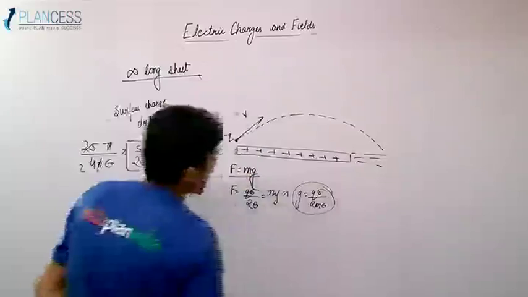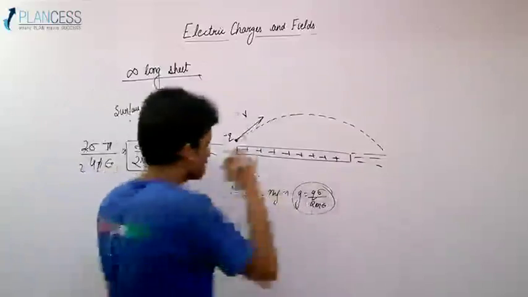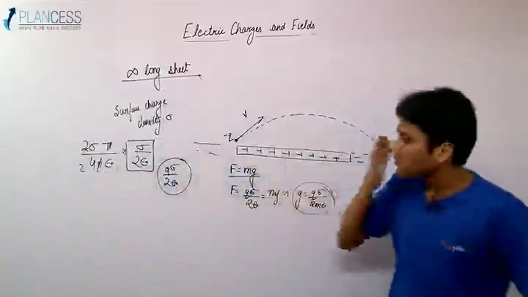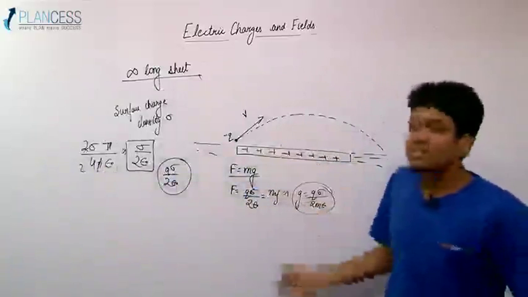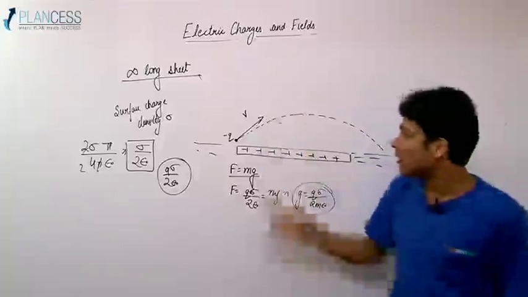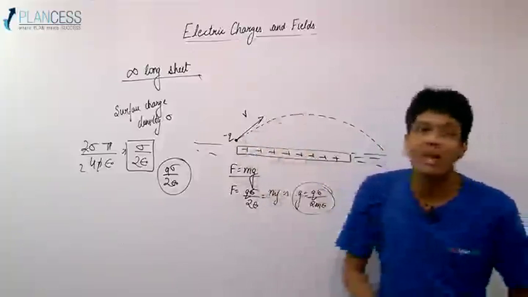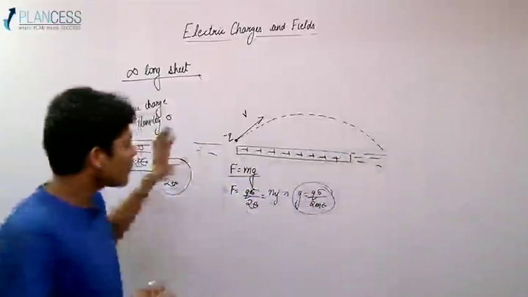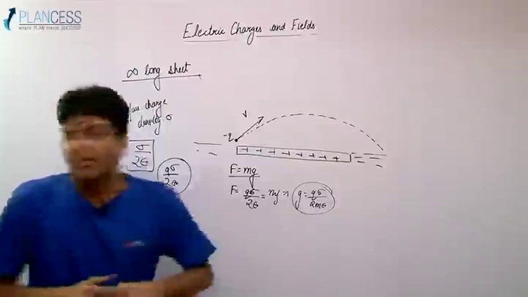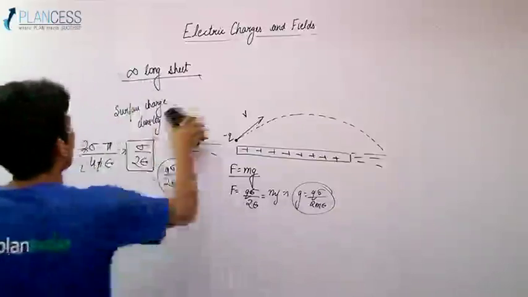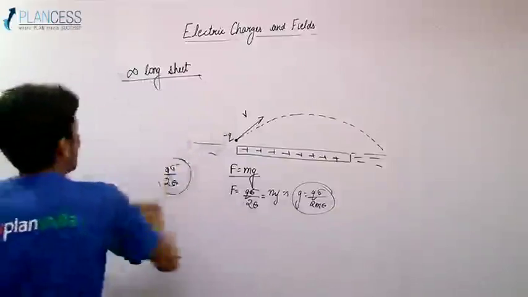This can be considered the gravitational acceleration; this g is the gravitational pull, so you can say this is the electrostatic pull by this sheet on this charge minus q. So this is an interesting property: for an infinitely long sheet, the formula for electric field does not depend on the position where you are calculating it.